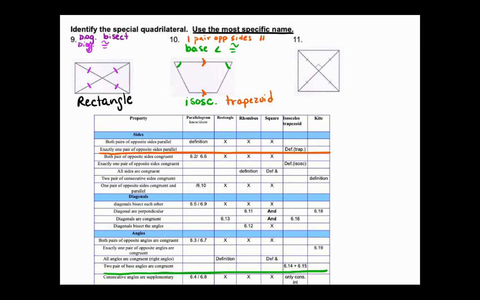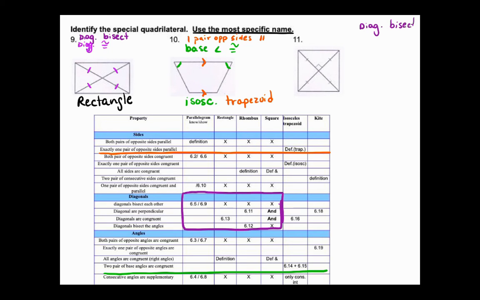Problem 11 starts out very much like problem 9. So we have that the diagonals bisect each other. So we're looking in the parallelogram section.